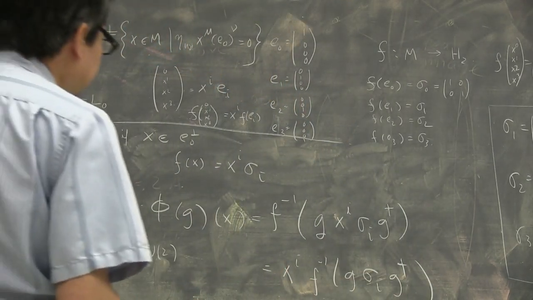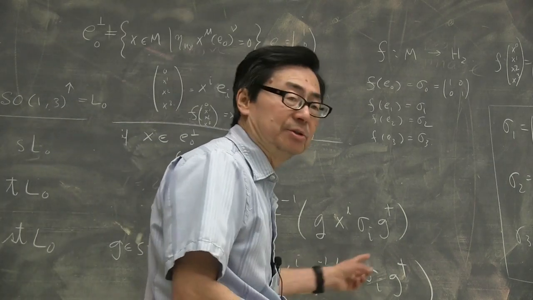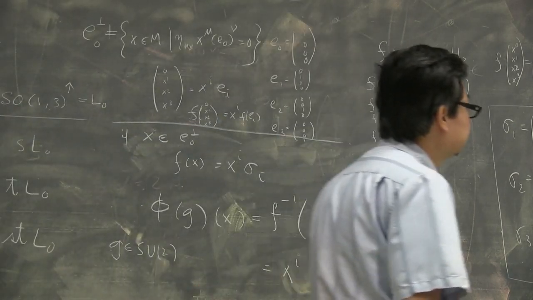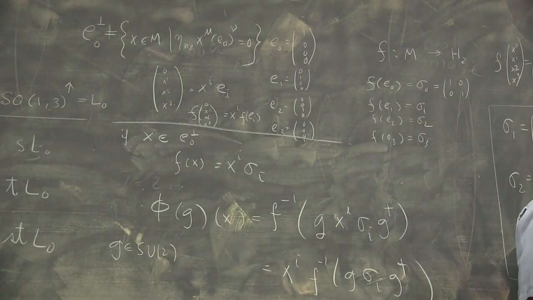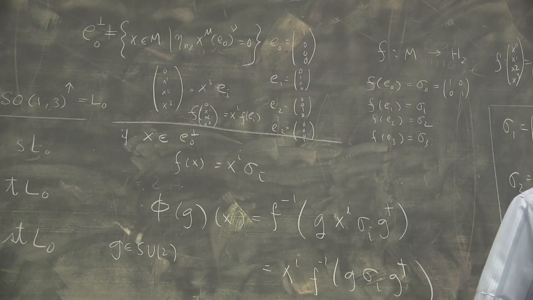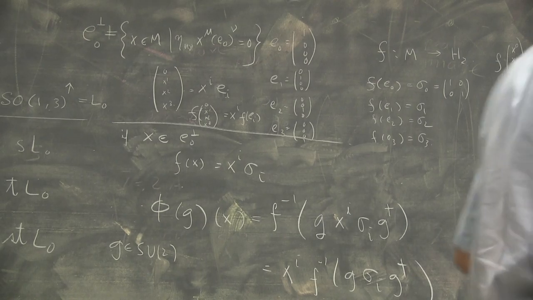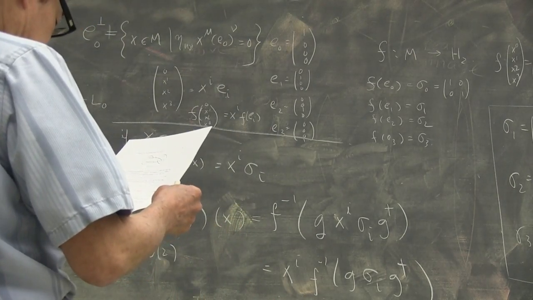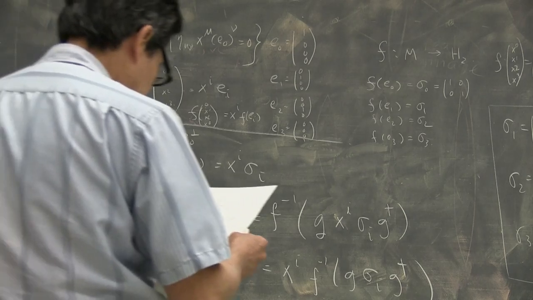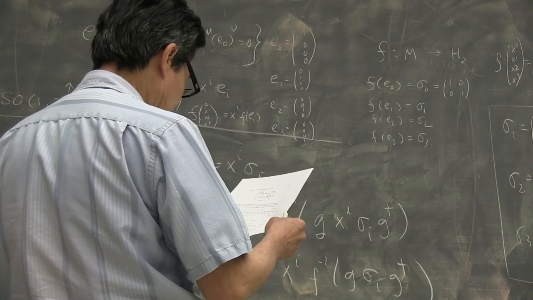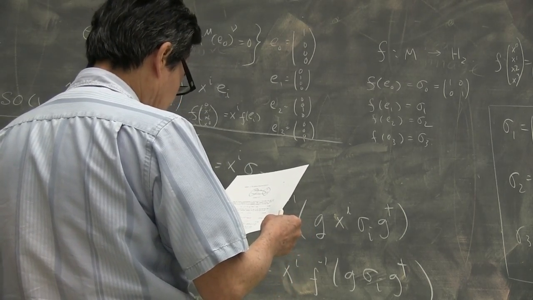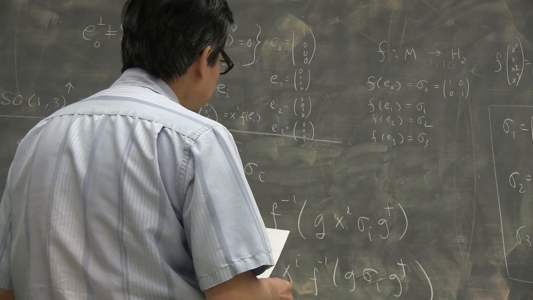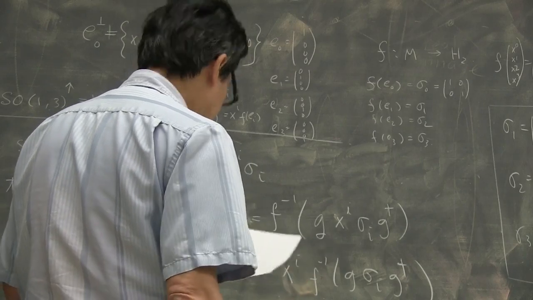So then the question is to find what is the inverse map of this 2 by 2 Hermitian matrix in here. You see, the inverse map, going back to that diagram, takes some 2 by 2 Hermitian matrix back to some vector in the Minkowski space. In order to see what vector it is, let's calculate the trace.